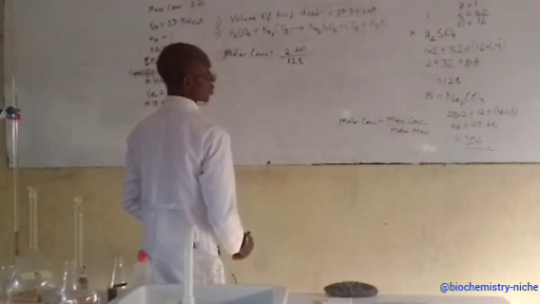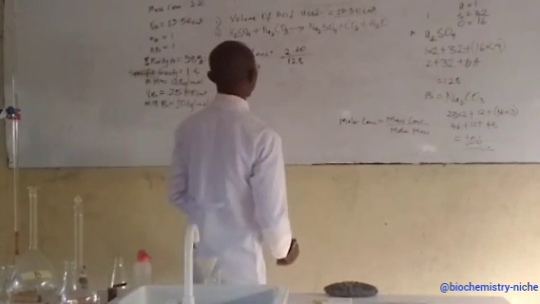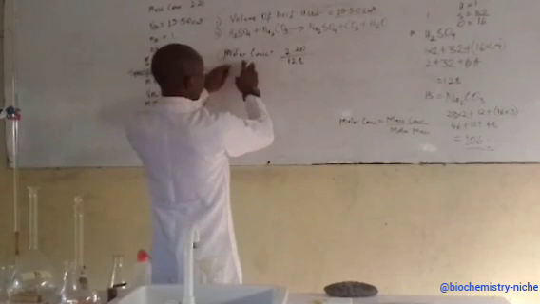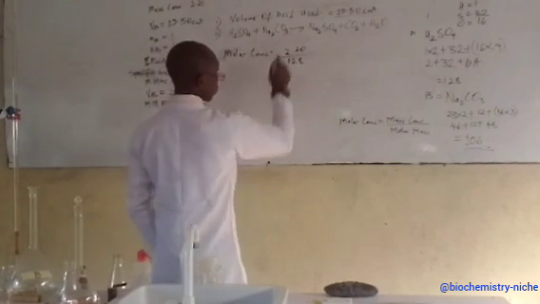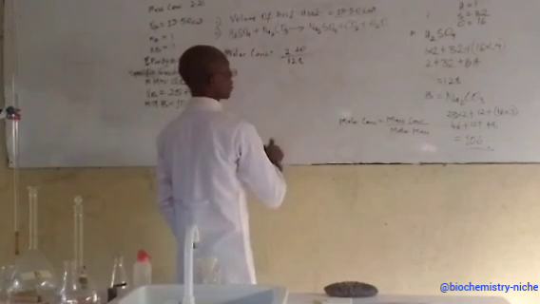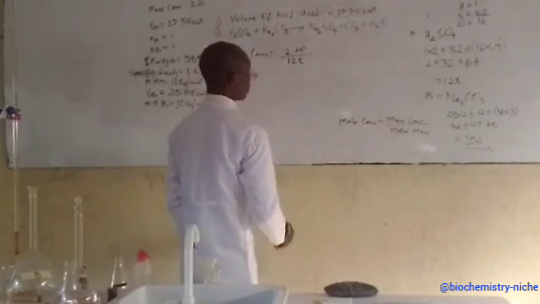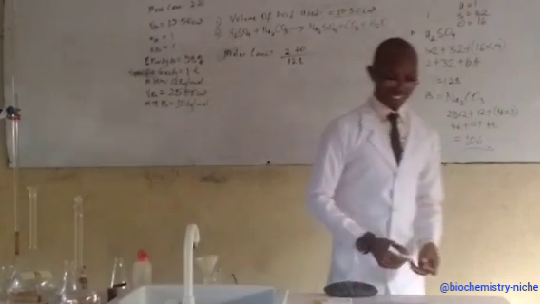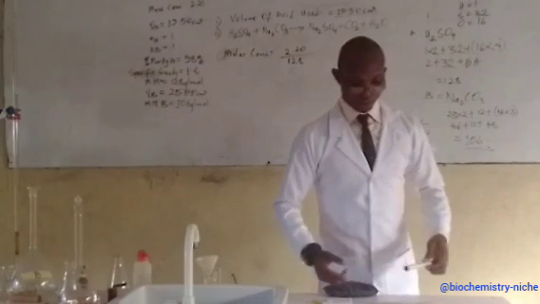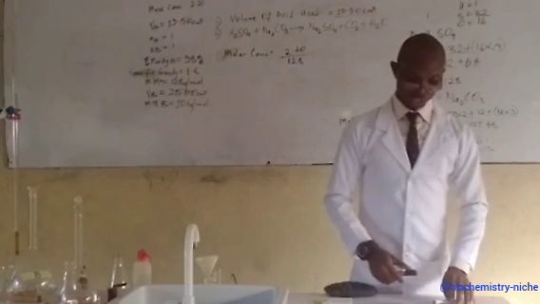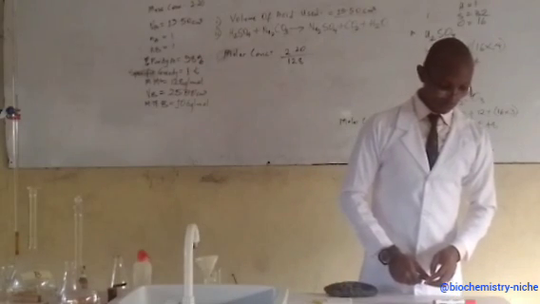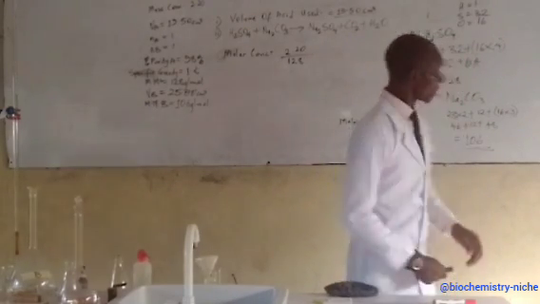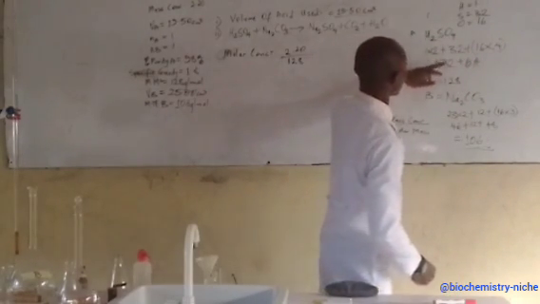So from this now, we'll be able to get the molar concentration for the acid. So 2.20 divided by 128 is going to give us the molar concentration for the acid. And then we have, let me see something.